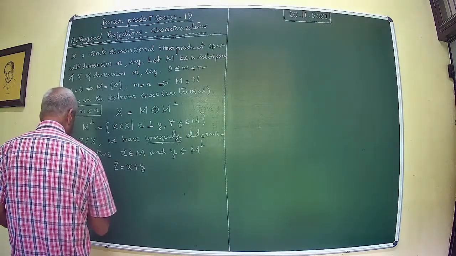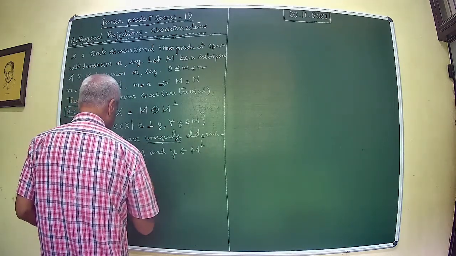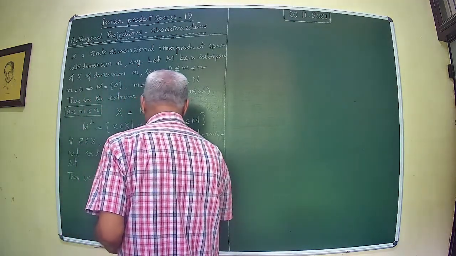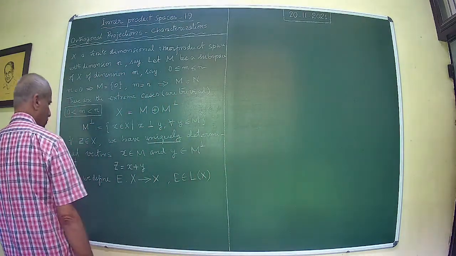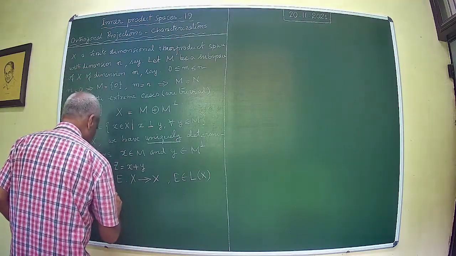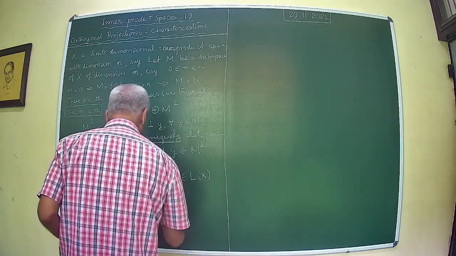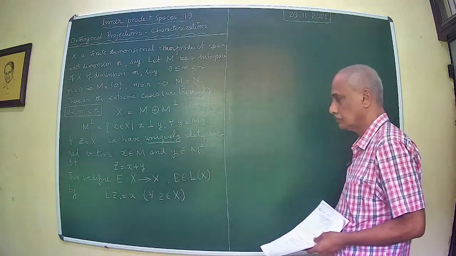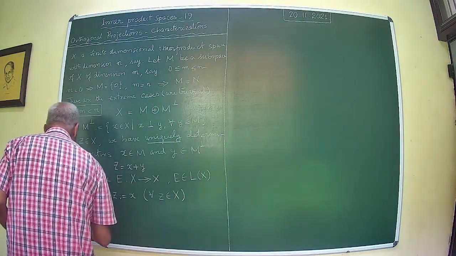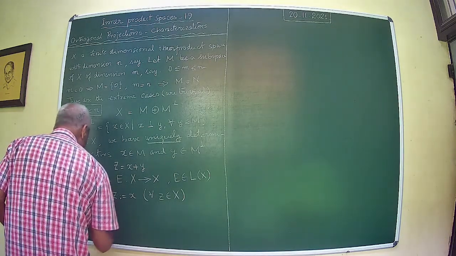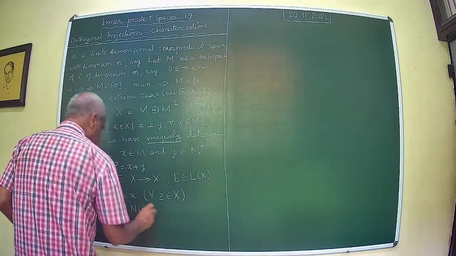We define E from X to X by Ez defined as x, then range of E equals M and null space of E equals M perp.